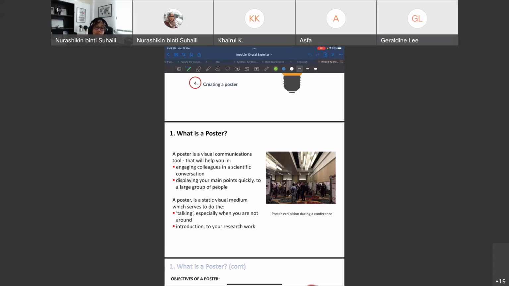It depends on the theme, which can sometimes be very specific. Those are the events where we can have a look at research posters.